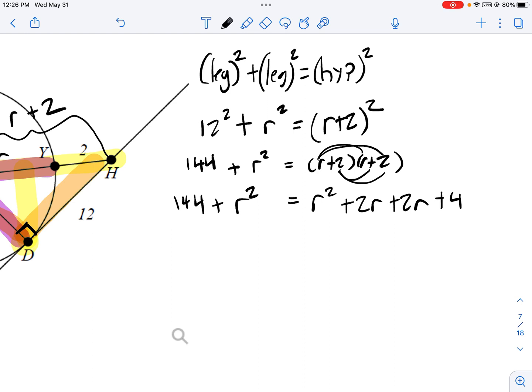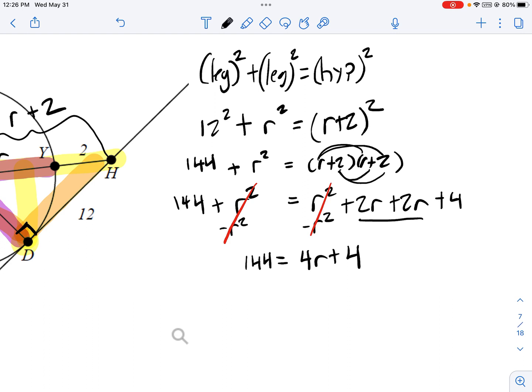Now if we want to start getting all of our r's together, I'd subtract my r squared, moving it from left to right, but you'll notice something interesting happens. As we move it, on the left that's gone, 1r squared minus r squared is just 0. On the right side, they also cancel out, 1 minus 1, it's gone. And then we're left with 144 equals, combining like terms, 4r plus 4.